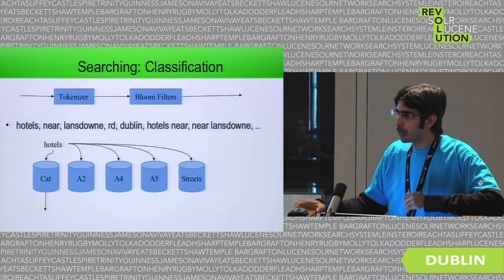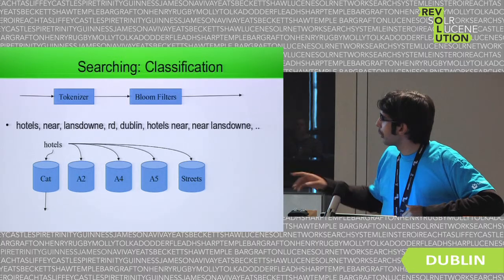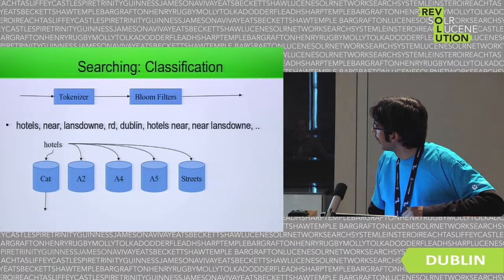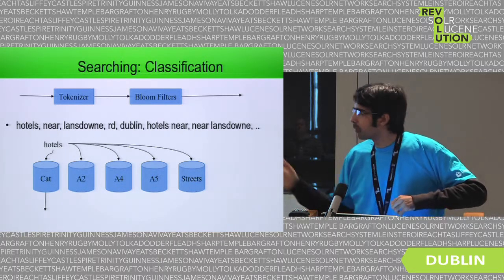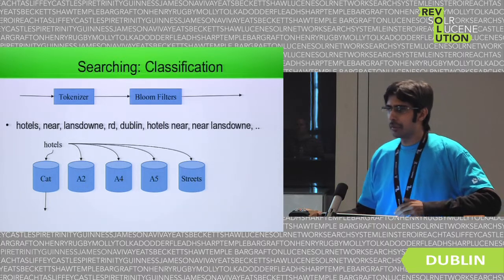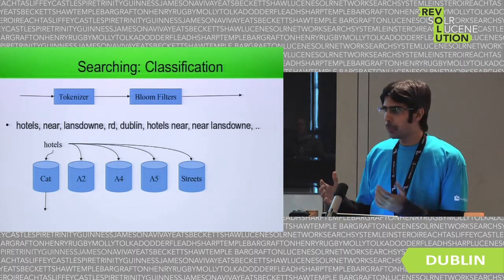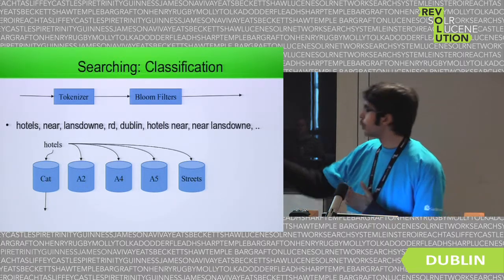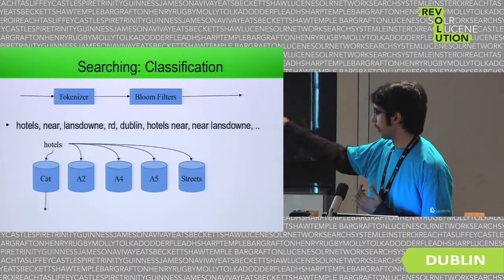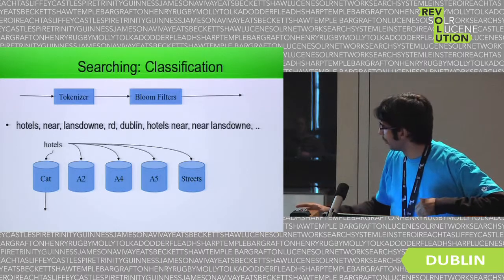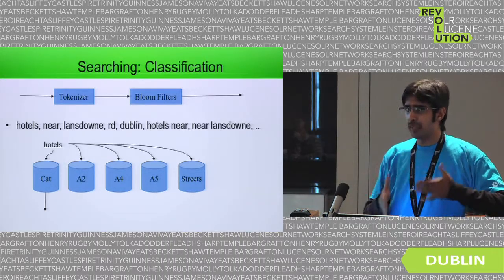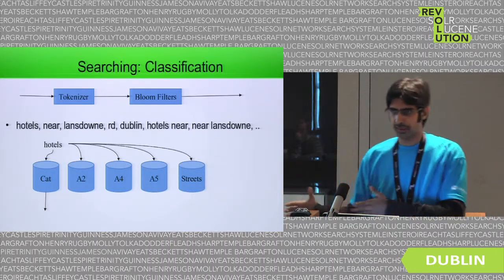Now I'm talking about the classifier. How this classification works for the Bloom filters is, when the index loads up, we create some in-memory Bloom filters, these cylinders at the bottom of the slide, for each of the fields that are there in the index.